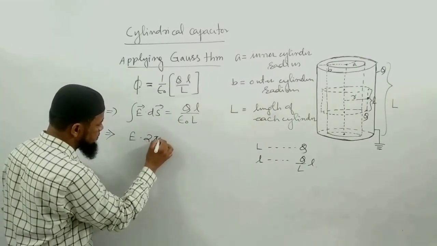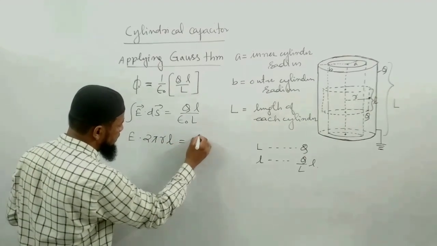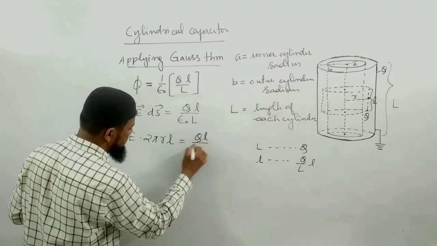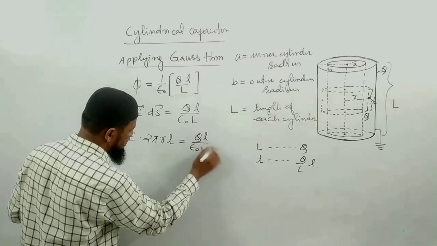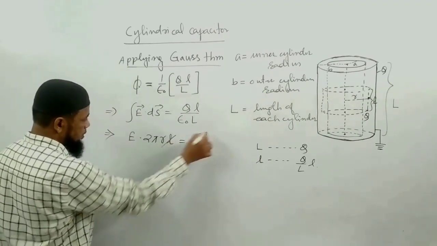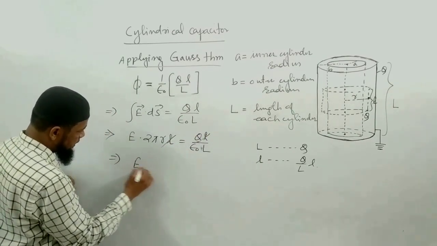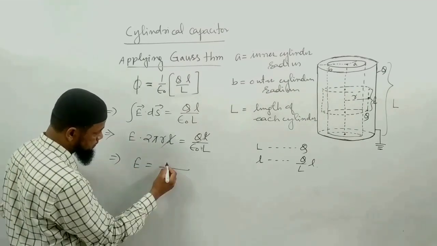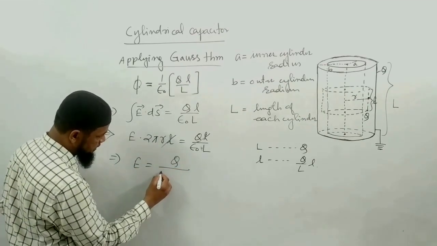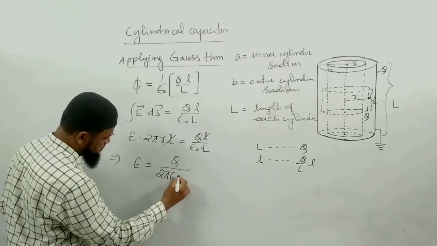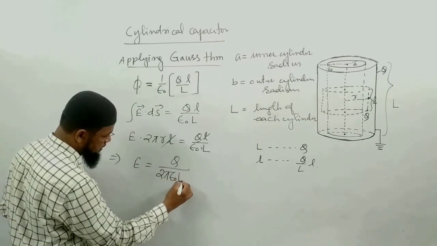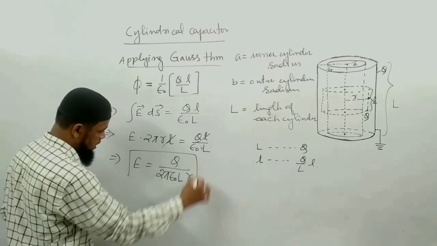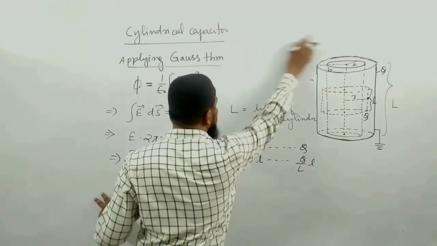The cylindrical surface area is twice pi r into l. So E times 2 pi r l equals Q l divided by epsilon naught L, and from here we get the electric field E equals Q divided by twice pi epsilon naught L into r.